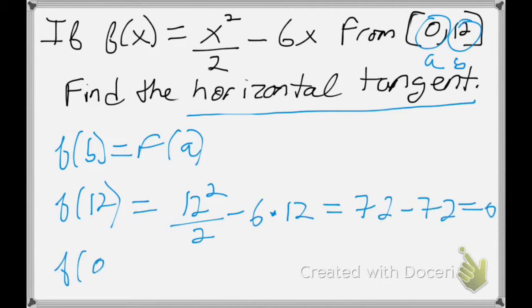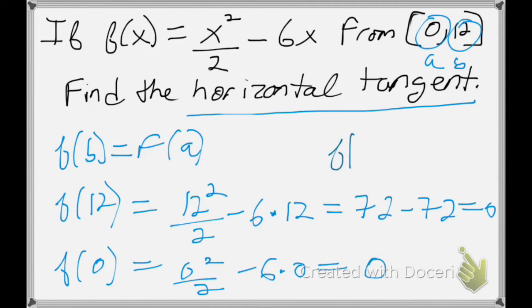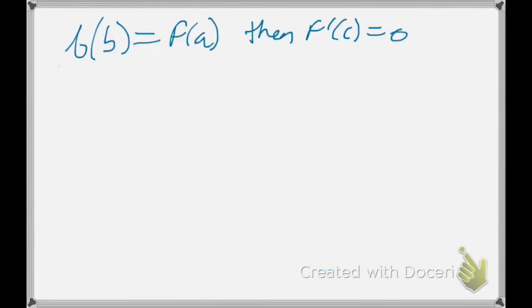F of 0 is equal to 0 squared over 2 minus 6 times 0. This also equals 0. Therefore, since f of 12 is equal to f of 0, f of b is equal to f of a, and Rolle's theorem is applicable. Since f of b is equal to f of a, f prime of c at one point c must equal 0.